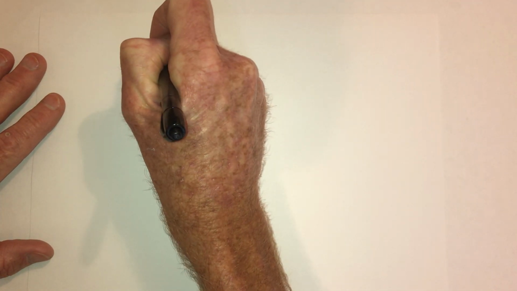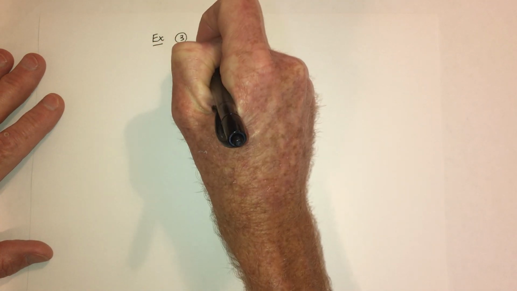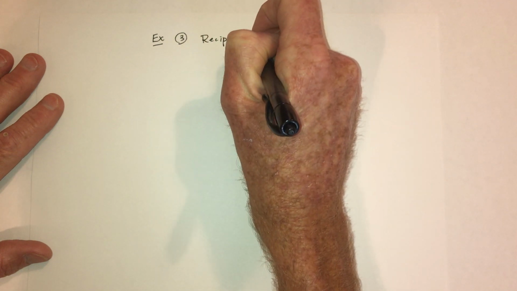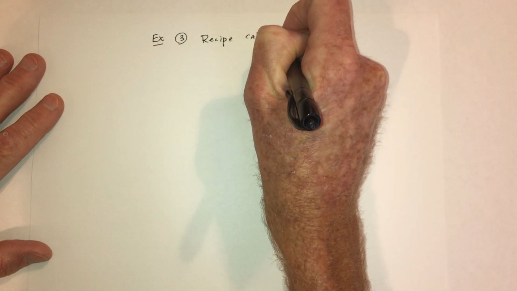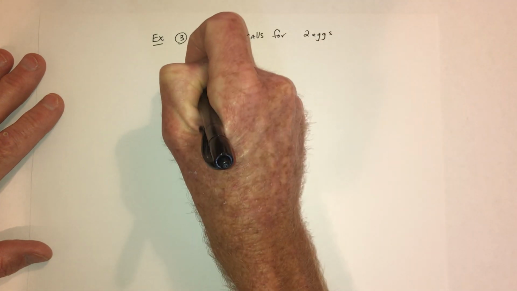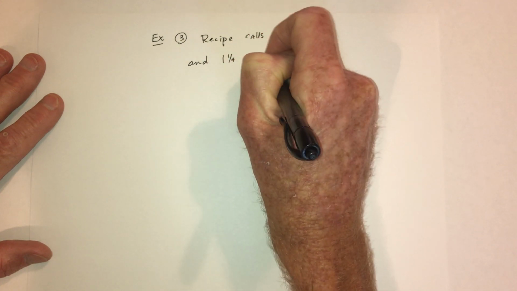Now, this next example is going to be similar, but it asks the question in a slightly different way. So for example number 3, a recipe calls for 2 eggs and 1 1/4 cups of flour.